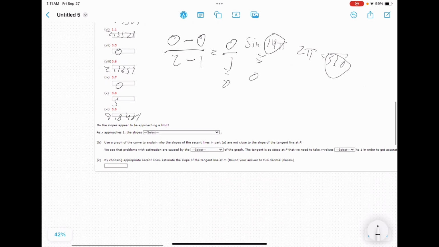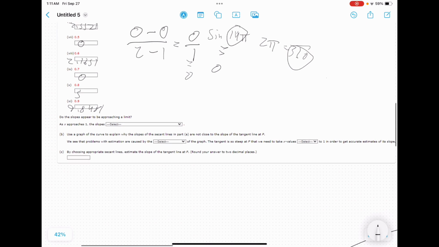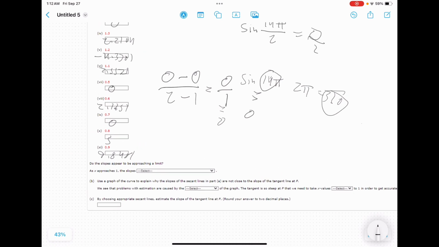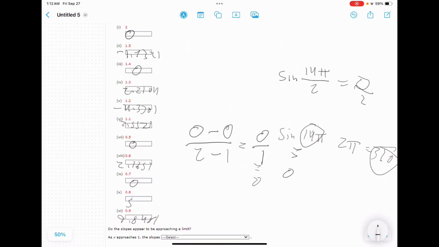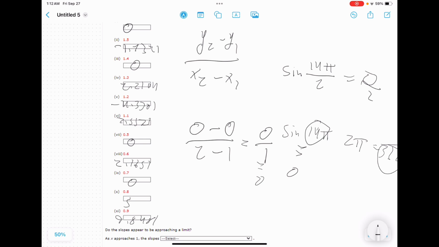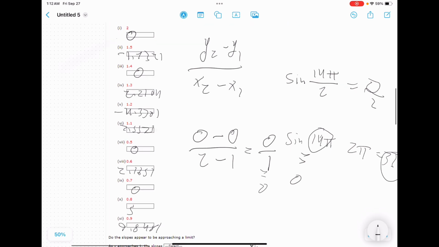And so as you see below here, there's a question that asks, do the slopes appear to be approaching the limit? If you look at the overall numbers, there's a lot of inconsistency.